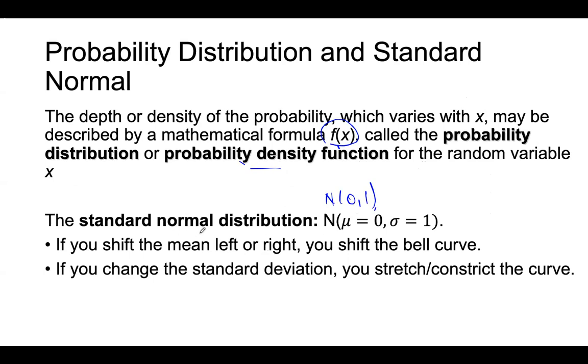We put this N to denote the normal part. If you shift the mean left or right, you shift the bell curve left or right. If you change the standard deviation, you stretch or constrict the curve.